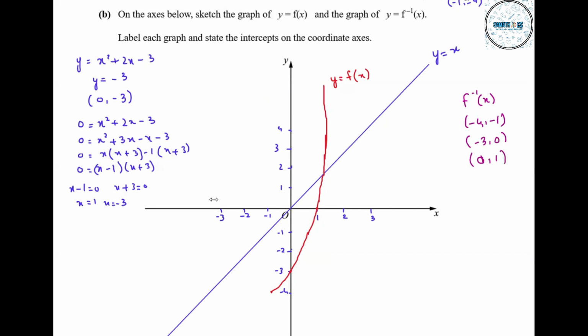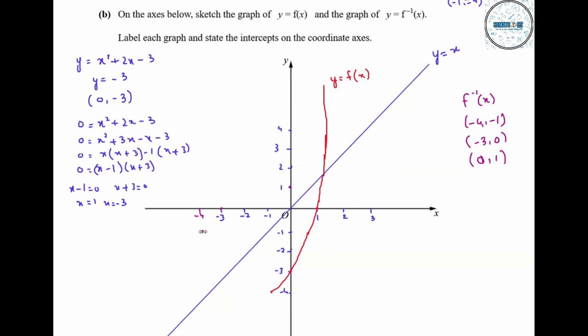So now we'll mark the points. We have -4 over here. So -4, -1 is over here. -3 is here. -1 is here. And the graph will intersect this line y is equal to x at this point.